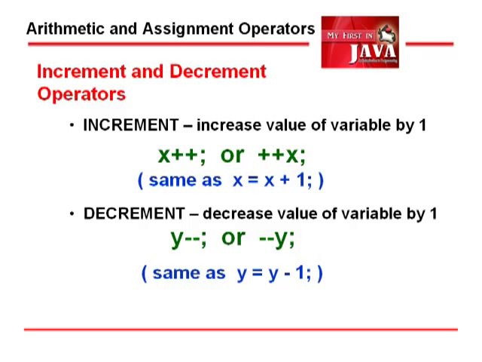Decrement is the opposite of increment, in which we deduct 1 from a variable. This is the same as y is equal to y minus 1. So it is written either as y minus minus or minus minus y. Most of the time, increment and decrement operators, we will use in looping statements.